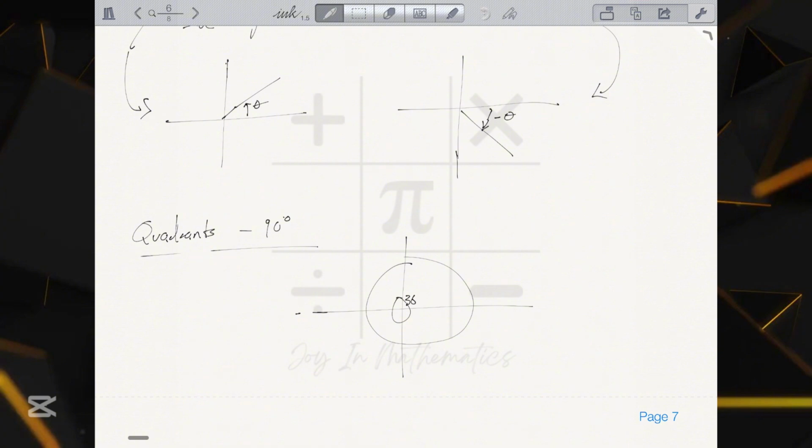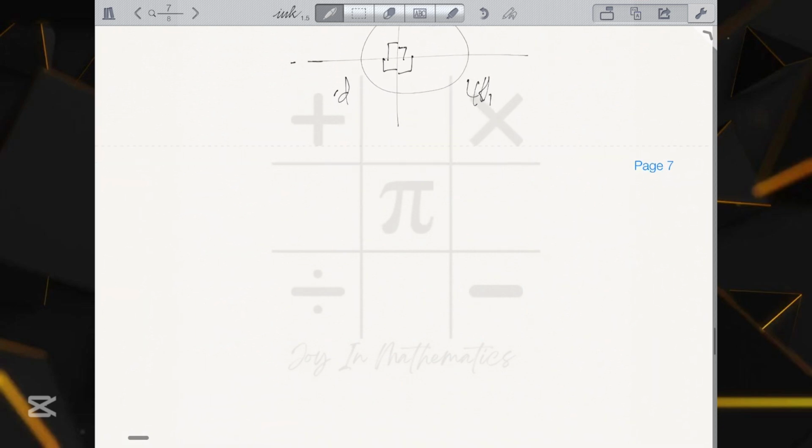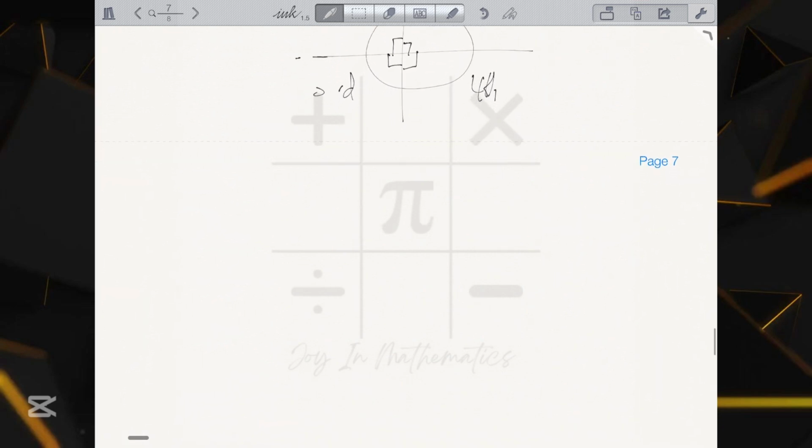But with the Cartesian plane, it is divided into four 90-degree parts: 1, 2, 3, and 4. So we can call these 90 degrees quadrants. This is the first quadrant, this is the second quadrant, this is the third quadrant, and this is the fourth quadrant.